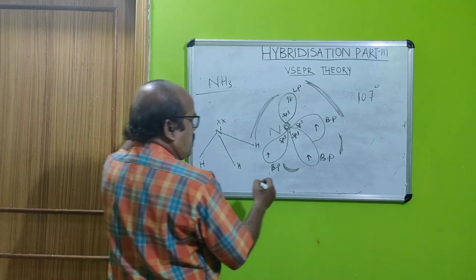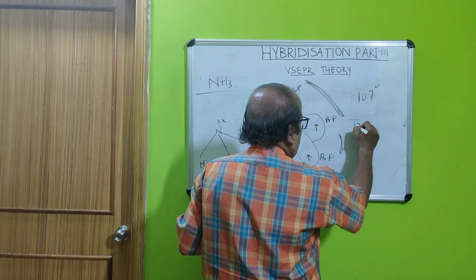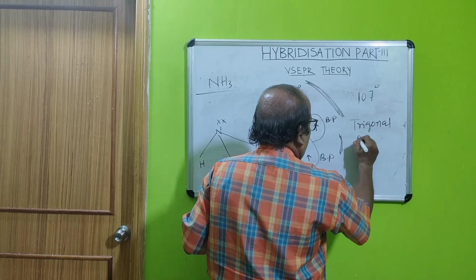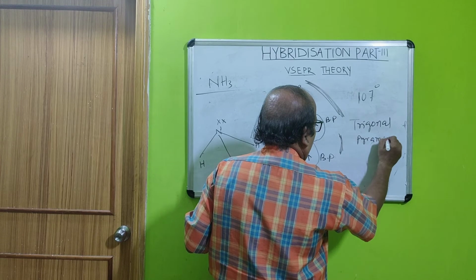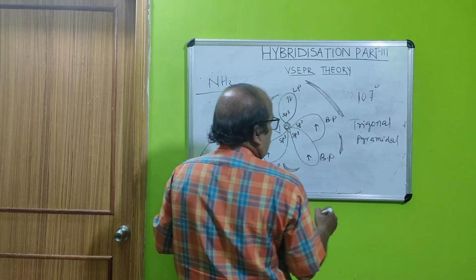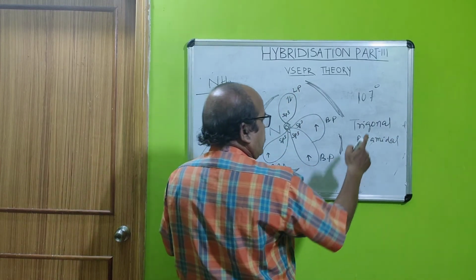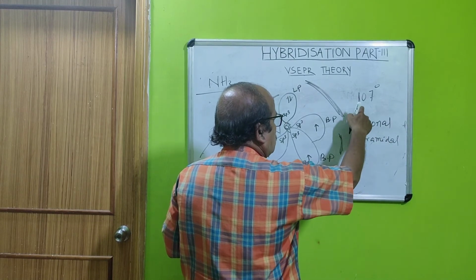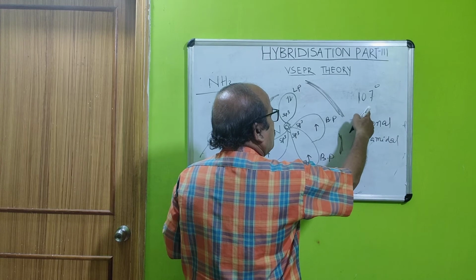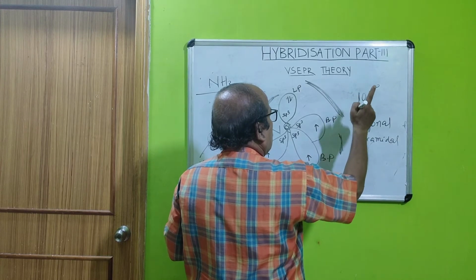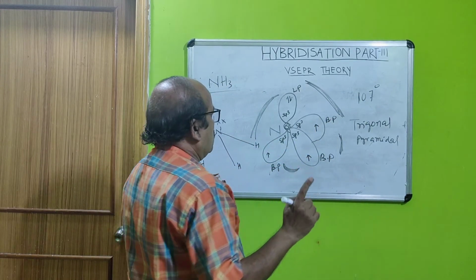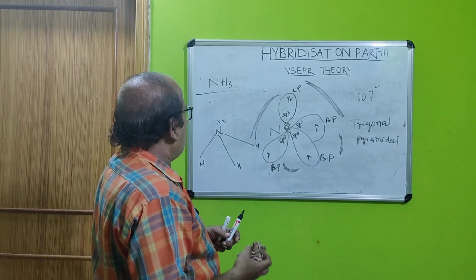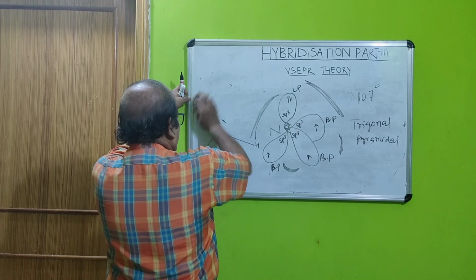The shape is trigonal or triangular pyramidal. Instead of tetrahedral, the shape changes to trigonal pyramidal. Angle is 107 degree instead of becoming 109.28 degree. And hybridization is sp3. This is about ammonia. Now the last one, the shape of water, I shall tell you.